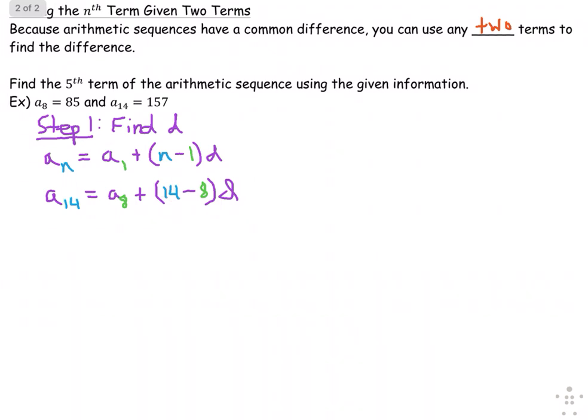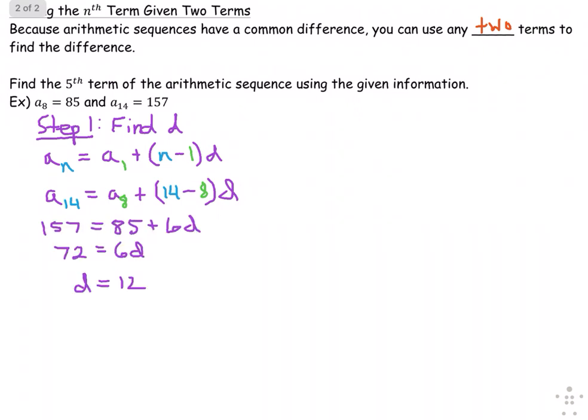These need to match, and then instead of starting with the first or a sub 1 term, we're starting with a sub 8, and that's why this is now 8. And to get from the 8th term to the 14th term, you need 14 minus 8 copies of d added to the starting term. Substituting in the numbers, we get a d value of 12.